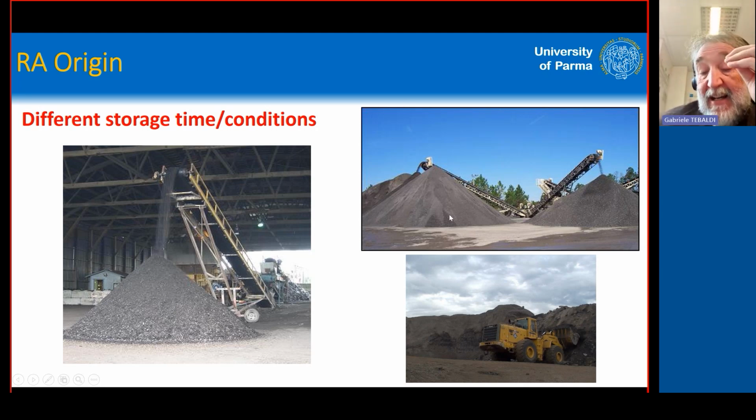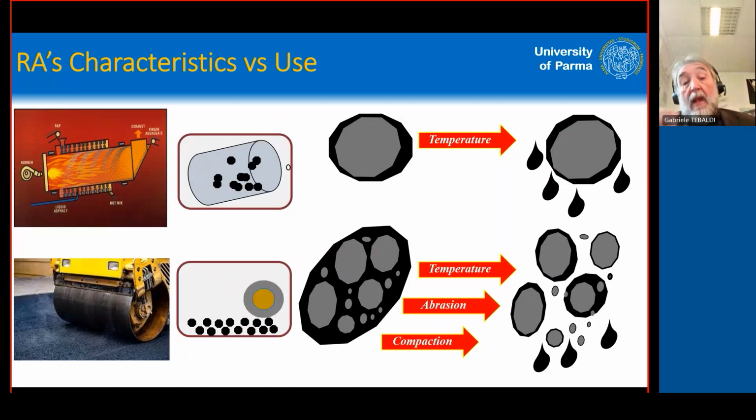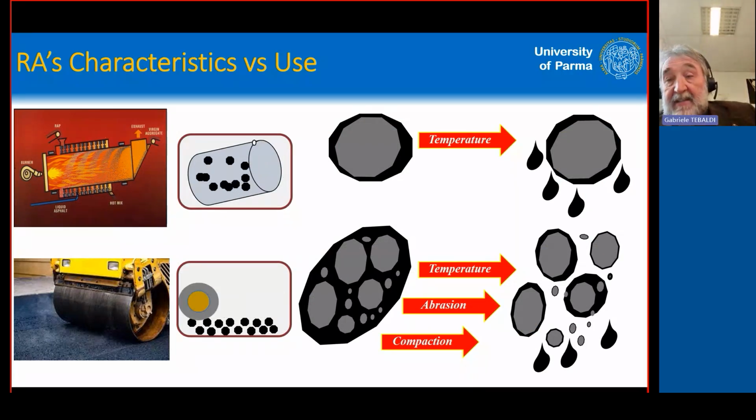But also the time in the stockpile and the location in the stockpile change the characteristics, because if we have something on the top, it means that probably it is there for a very short time. If it's at the bottom, probably it is there for a lot of time under high pressure, less change of temperature, or maybe higher temperature, and again it is something that can affect the characteristics of the RAP.